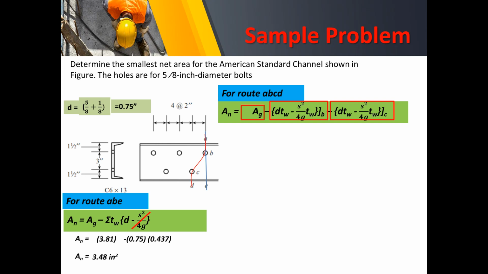On bolt B, it is obvious that bolt B comes from A, and that will be a straight line. If that will be a straight line, therefore S squared over 4G, there will be no pitch, so that will just be neglected in the equation. So we can now compute.